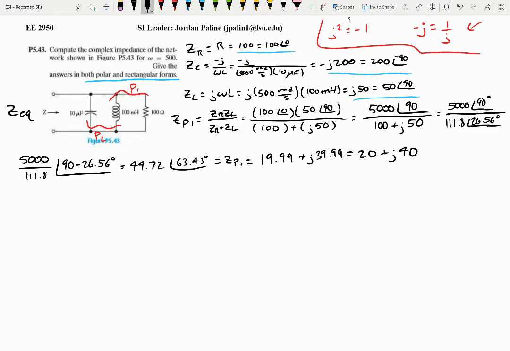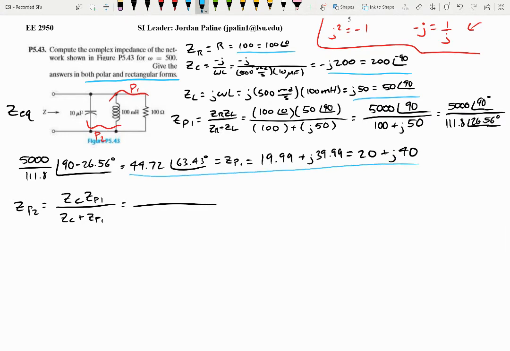All right, now let's go to Z parallel 2. Z parallel 2 will be ZC times Z parallel 1 over ZC plus Z parallel 1. Once again, we have the polar and rectangular forms right there.